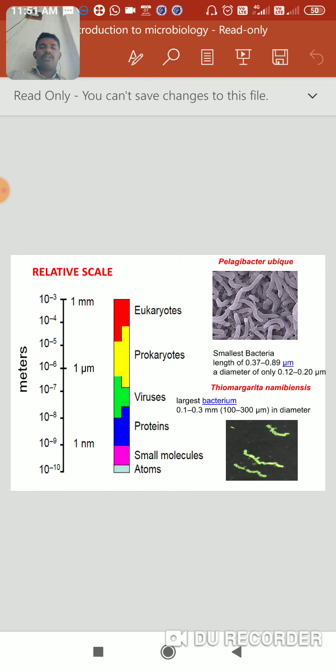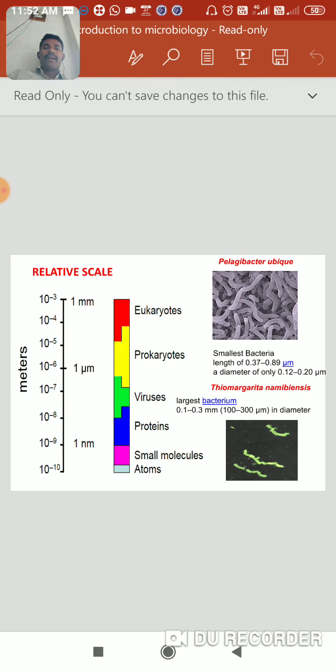At the top right corner of this slide is Pelagibacter ubique, the world's smallest bacteria. The length of this bacteria is 0.37 to 0.89 micrometer, and the diameter is 0.1 to 0.20 micrometer.